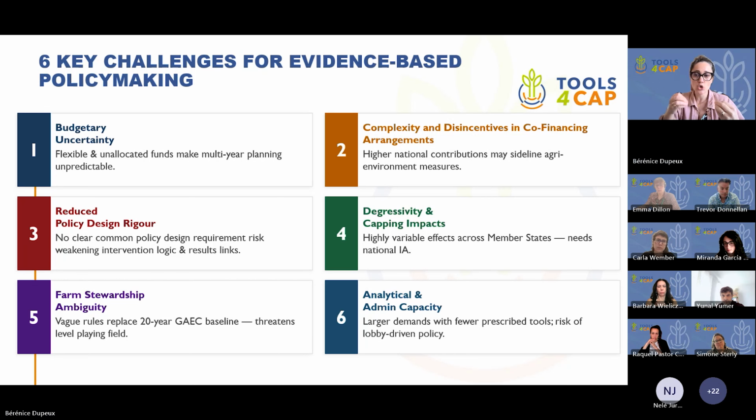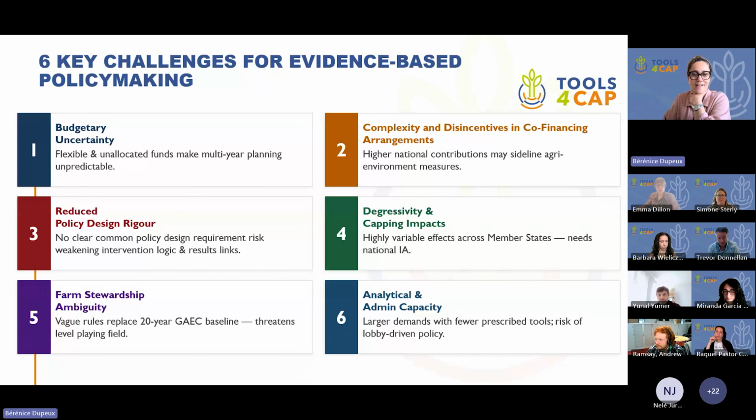At the moment, there is no clear need for an intervention logic to establish a clear causal link between the objectives, interventions, and the results. So if it's not backed up by a strong demand from the national policymakers to provide evidence, there is a risk of undermining policy design rigor.